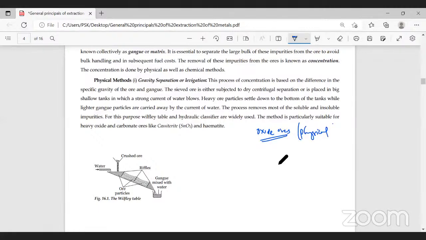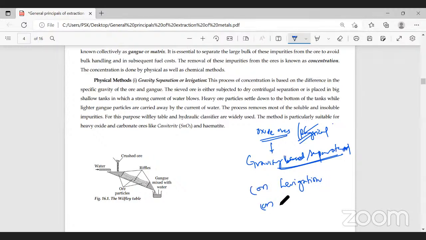For oxide ores, it is done by gravity-based separation, also called levigation, or hydraulic washing.